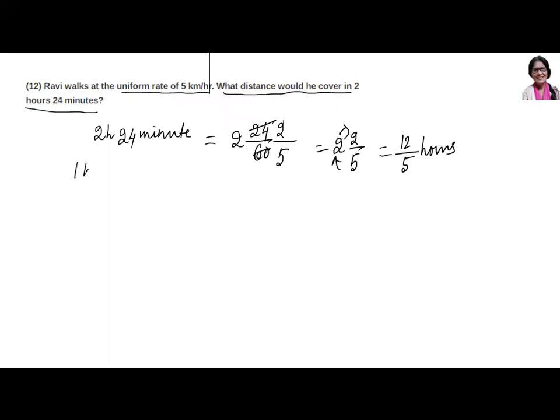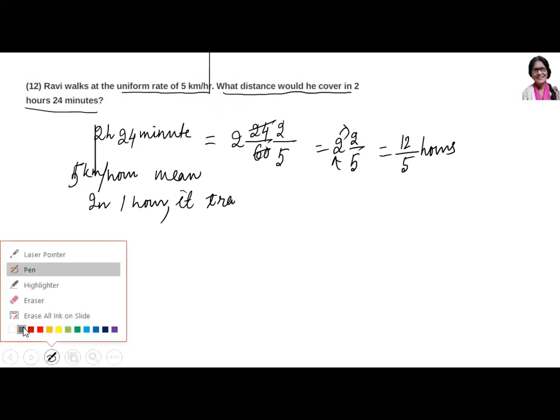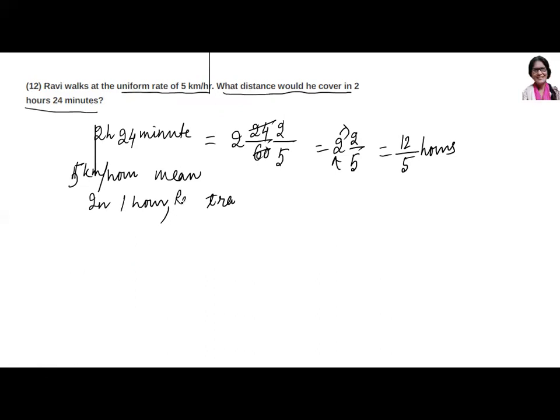5 kilometer per hour, what does it mean? It means in 1 hour Ravi travels, not it, Ravi. Ravi is a person. I cannot write it. Ravi travels 5 kilometer.